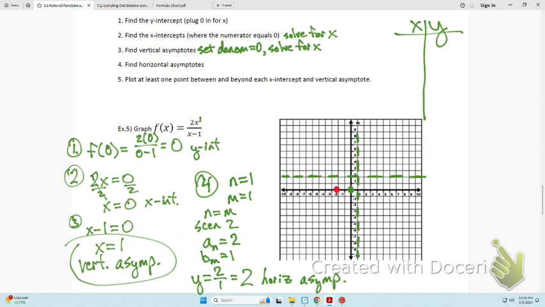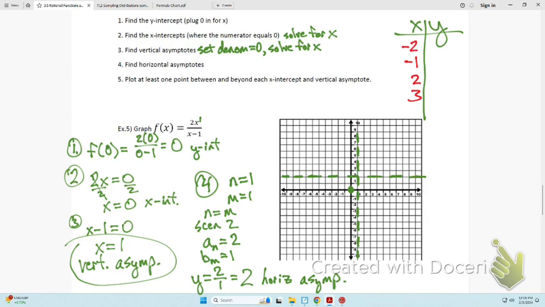I'm going to plug in a -2, a -1, a 2, and a 3. That way I can see some kind of pattern left of that line and right of that line. Now those are not actual coordinates. I'm just trying to get you to see where I'm looking right now. So I'm going to plug in -2, -1, 2, and 3, and that's going to guide our graph.